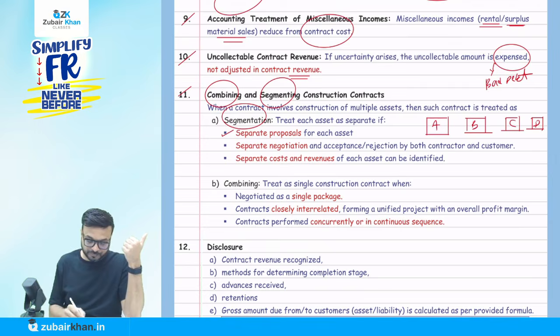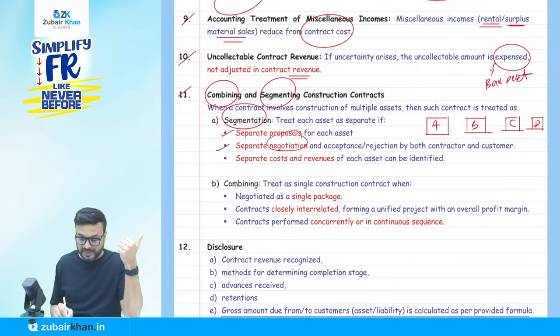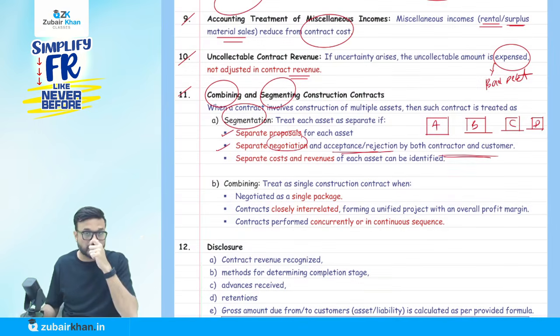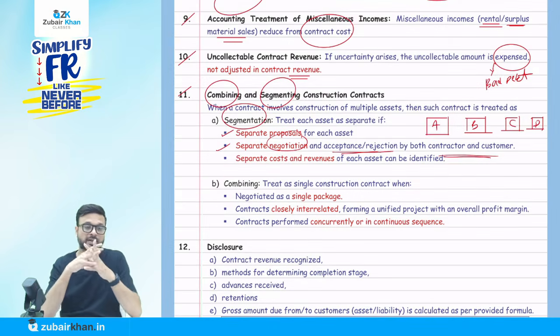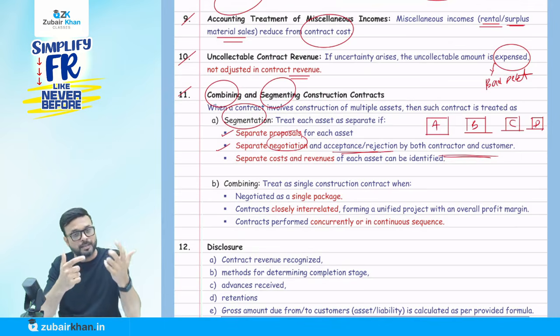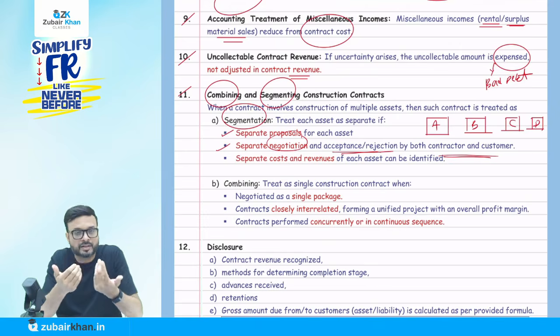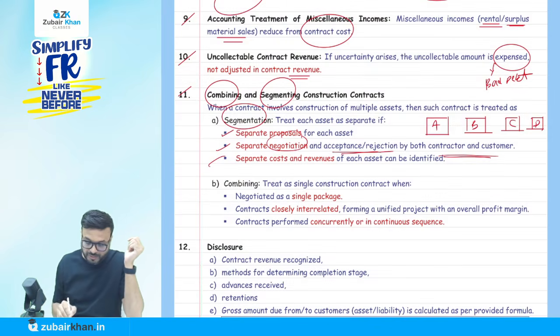Second, separate negotiation, and acceptance or rejection by both the contractor and the contractee. When I'm negotiating how much the revenue should be for all these 4 contracts, it's a separate negotiation for each of them, and both parties have the right either to accept or reject the proposal. Third, separate cost and revenue of each.